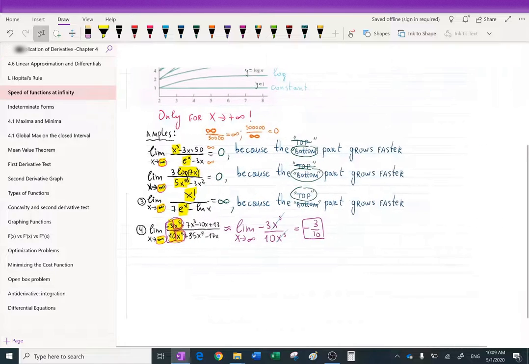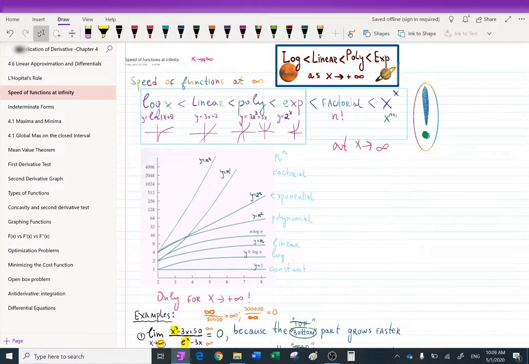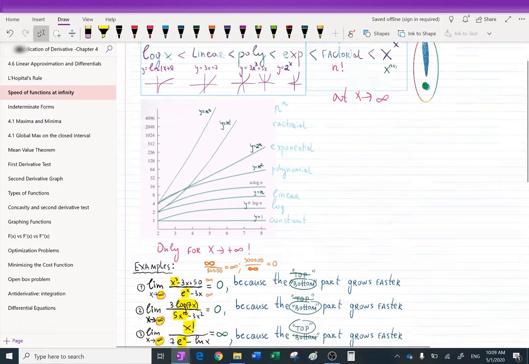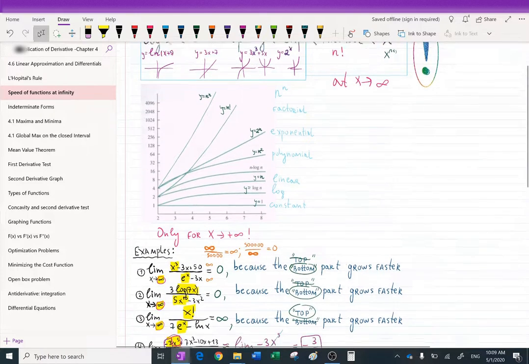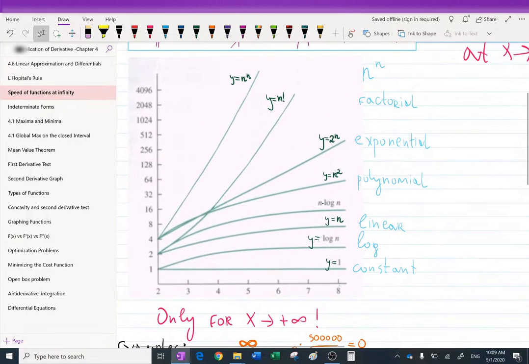Then we learned what happens with limits at infinity. Maybe that topic was at a different time, but I remember I introduced it here. What happens with the limits at infinity and minus infinity, and how do we work with these? And I also like introducing the different speeds of different functions. The slowest one is a constant.